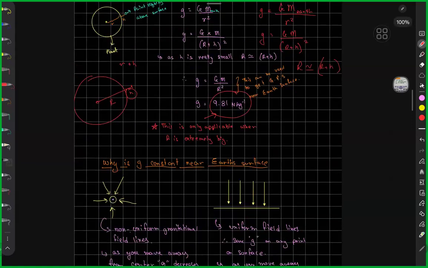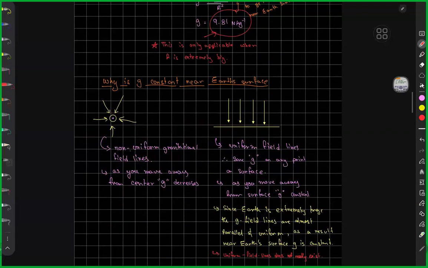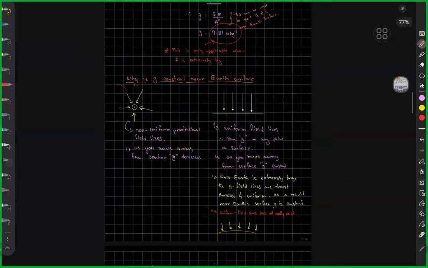Okay, so we understand the approximation, and you will be working with the approximation in the sense that you will assume the gravitational field strength is 9.81 in multiple cases. Now, have we also explained why g is constant near Earth's surface? Yes, I told you that the field lines seem to be parallel near Earth's surface, not that they actually are.